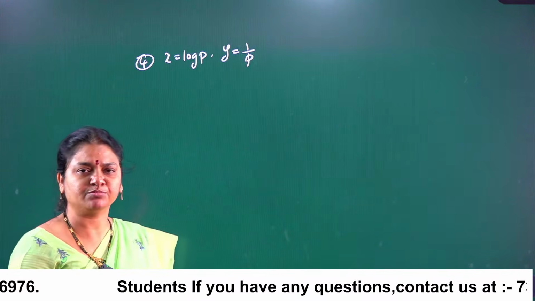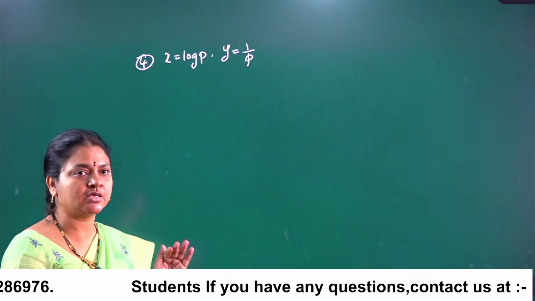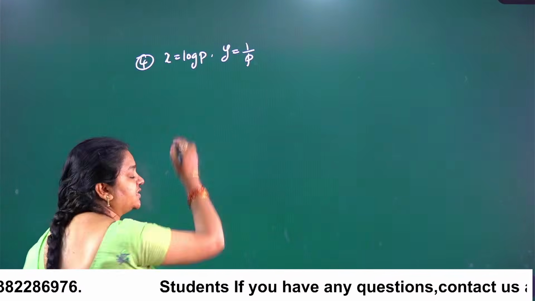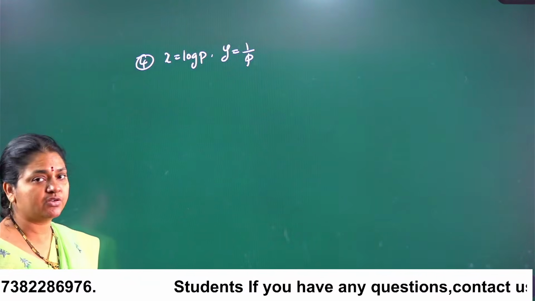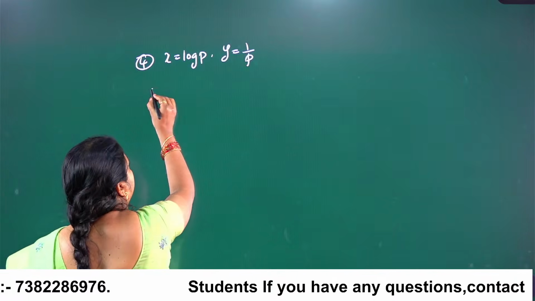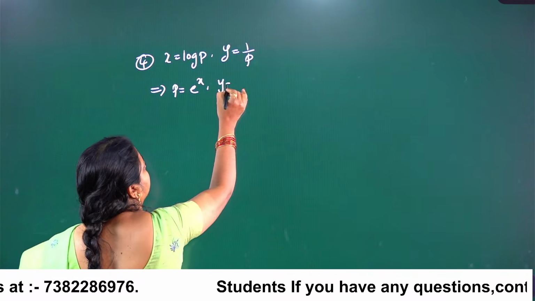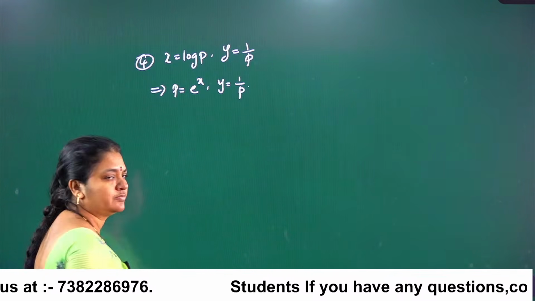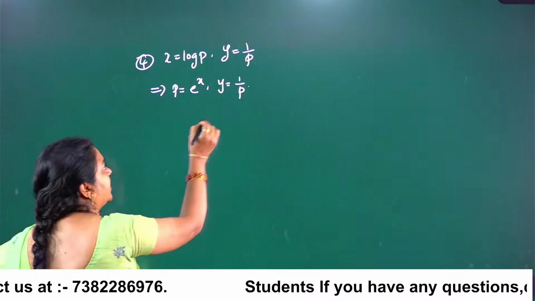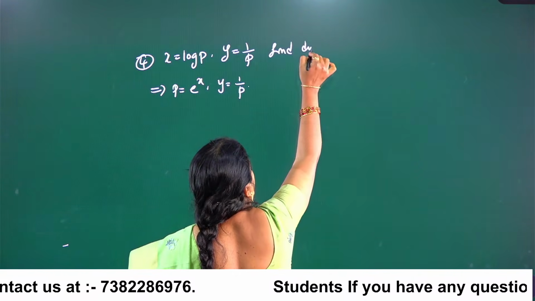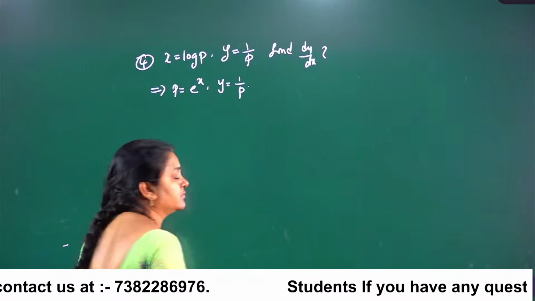This is also a previous MHT-CET question only. Whatever I am telling are previous questions only. So x is equal to log p and y is equal to 1 by p. x is equal to log p means p we can write as e power x, and y is equal to 1 by p. Now we need to find dy by dx. This is our question.